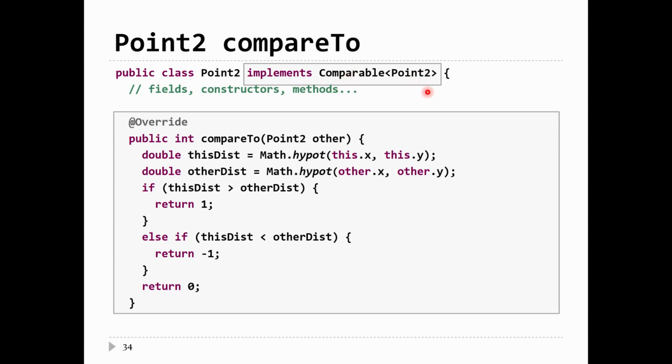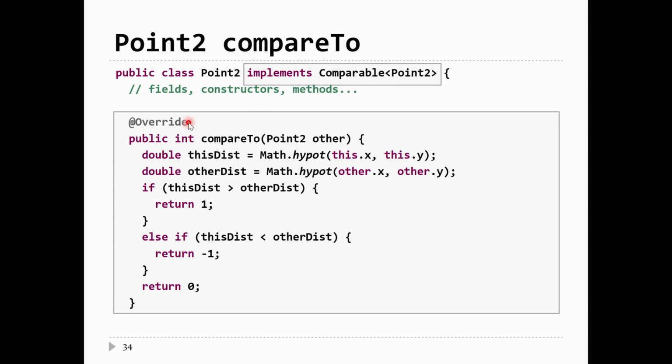I would like to compare Point2 objects to other Point2 objects. Once I've said that, I go into the class and I provide a compareTo method. Public int compareTo, and whatever that type is goes in here. Typically, that type is the same as that type.